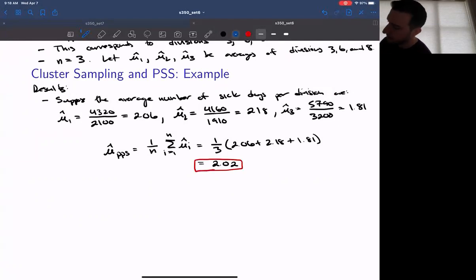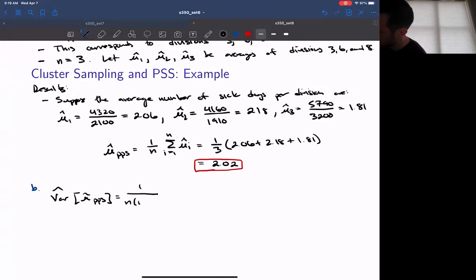And then if we wanted to bound this, we would have the variance of mu hat PPS equal to 1 over n times n minus 1, multiplied by the sum from i equals 1 to n of mu hat i minus mu hat PPS, squared.